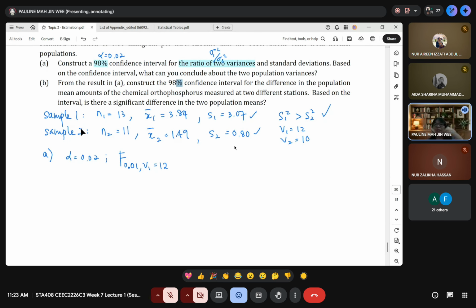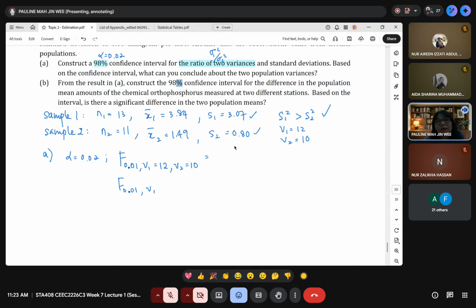That's why at the end of the day, everything comes back to the ratio that we work with, because it's a ratio, so it doesn't matter which one comes first. But the condition we have to follow is that S1 squared must be greater than S2 squared. So nu2 here is 10. And then we have one more, 0.01.